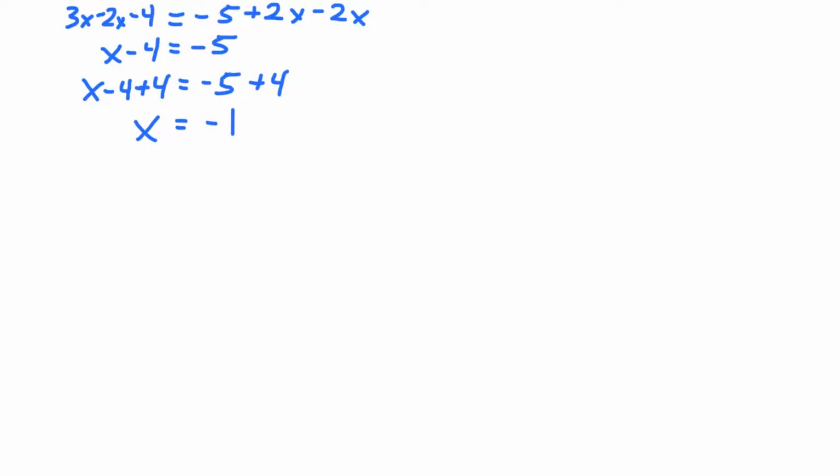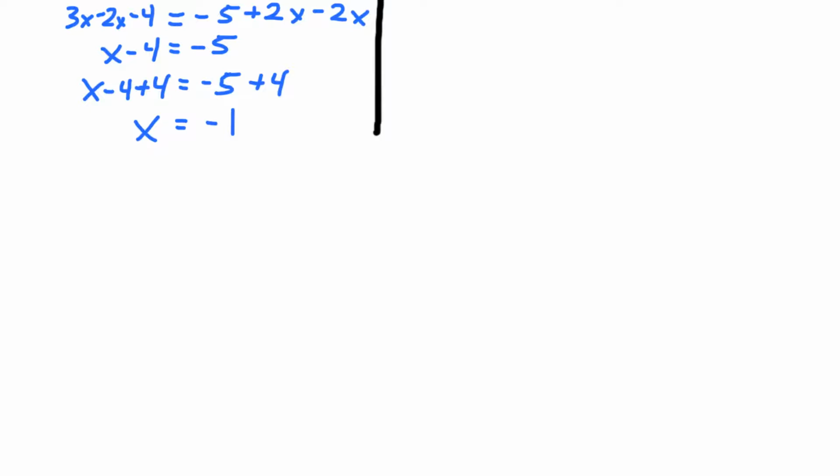Let's do the same, but let's make this an inequality this time. 3x minus 4 is less than negative 5 plus 2x. Now notice we're going to do it exactly the same way. If we're going to get our x's on the left side, we're going to use the additive property of inequality instead of equality, which is what we used over here.